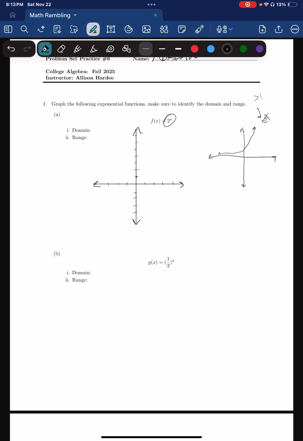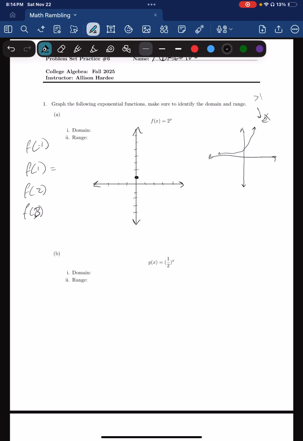So (0, 1) should always be on our graph. Now let's plug in some other points. Let's find f of 1, f of 2, f of 3, and let's find f of -1 as well. I think this should give us enough points.